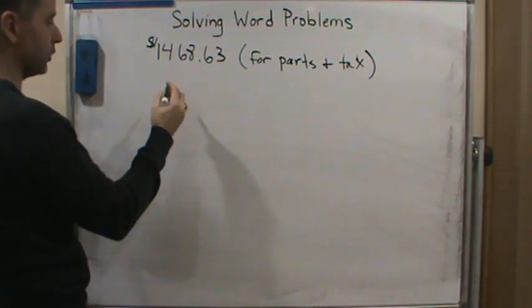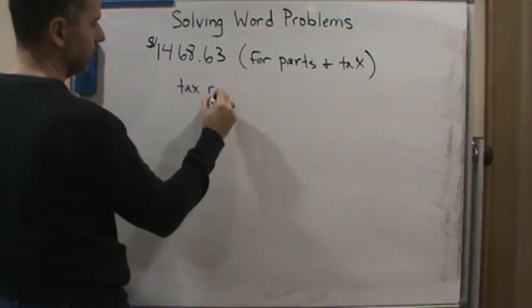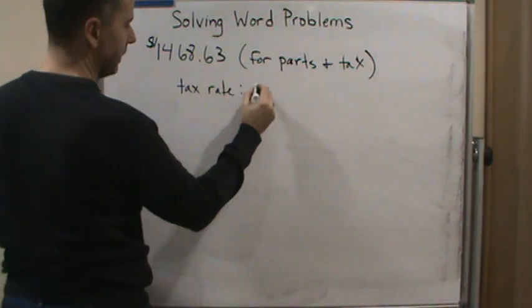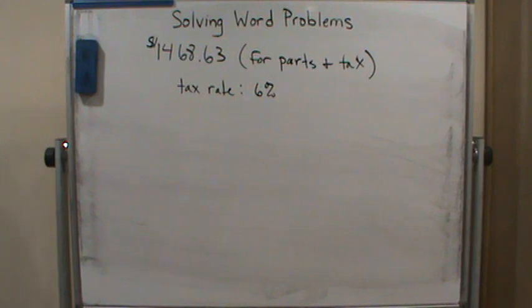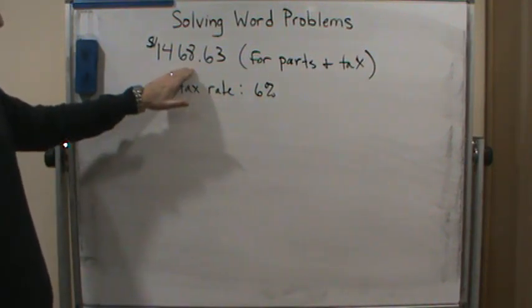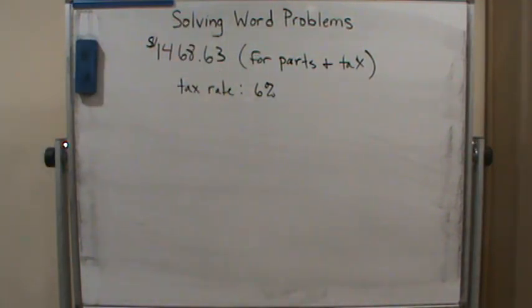Well, what is the tax rate? They're telling us it is 6%, on the parts. So this is a total, right? This is the total including tax. Now they want to know, for accounting purposes, exactly how much of that total actually came from tax.